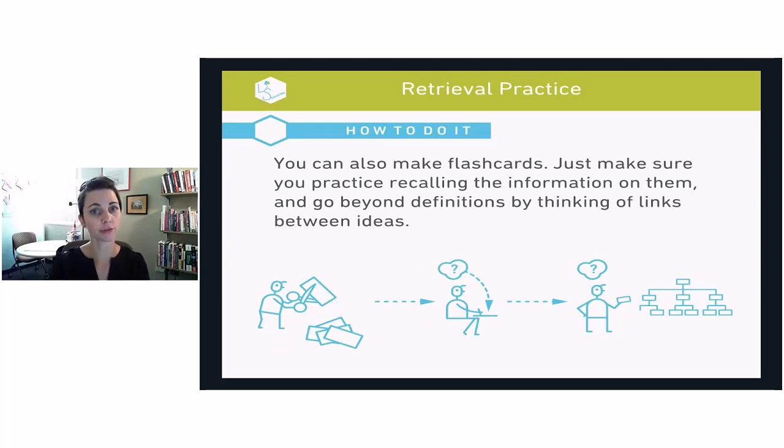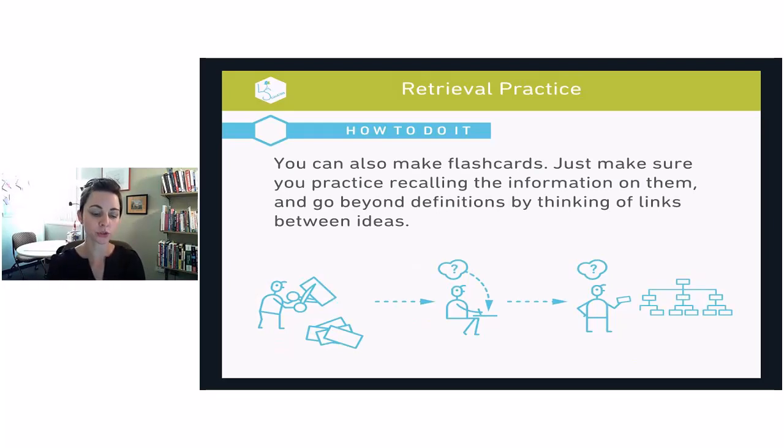If you think of recognition as a multiple choice question where all the answers are in front of you and you just have to recognize the right one, retrieval practice is like a fill in the blank, where you have to retrieve it out of your memory, you have to know it.